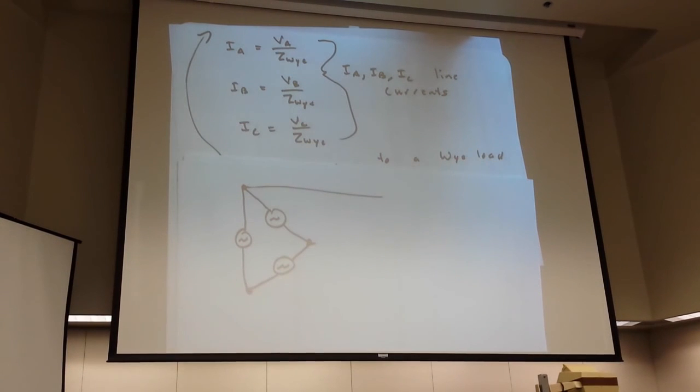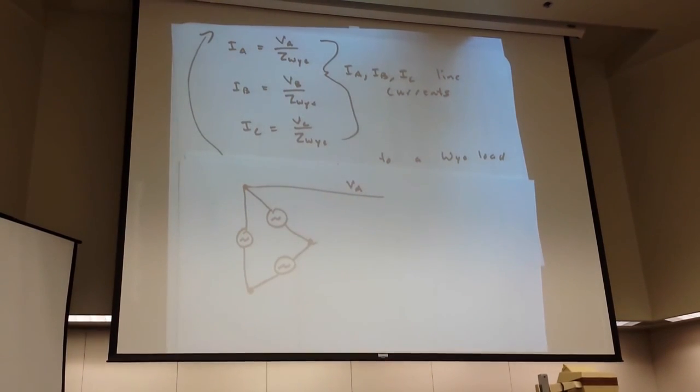And you can still consider this is VA, that's the voltage on that line relative to ground. That's always true. This can be VB, that's the voltage on that line relative to ground, and that's VC. The voltage on that line relative to ground. But the sources are relative to the line.